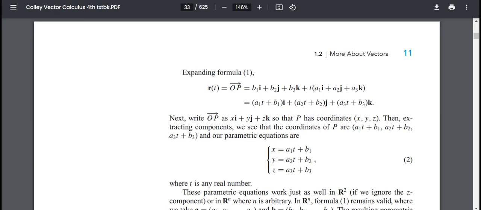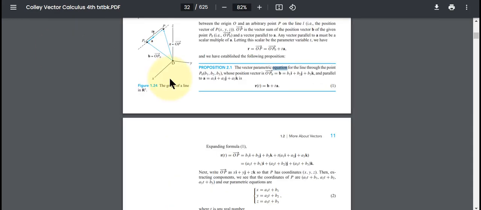Okay, so next we're going to take OP, which is this here. P is just some point on the line, so it's not fixed. We want to allow it to be anywhere, but we can still give it coordinates, and we'll just give it the coordinates x, y, and z to make it arbitrary.